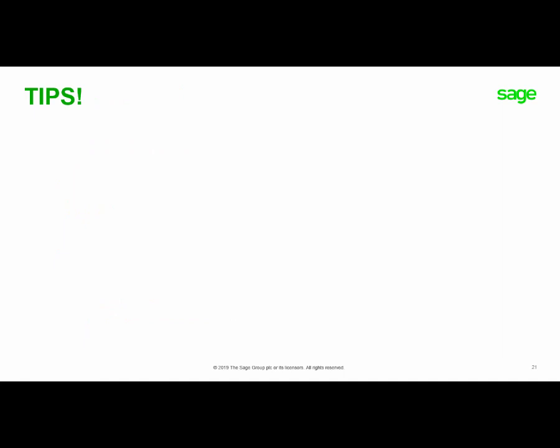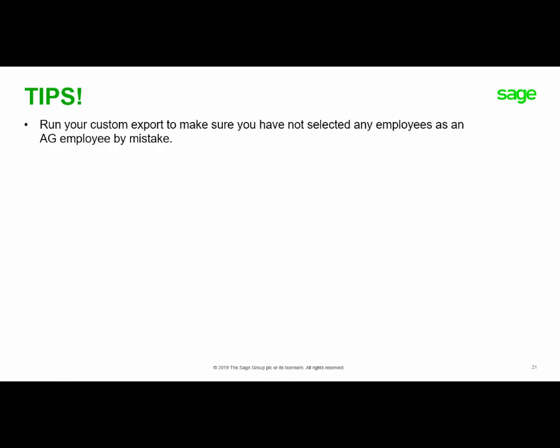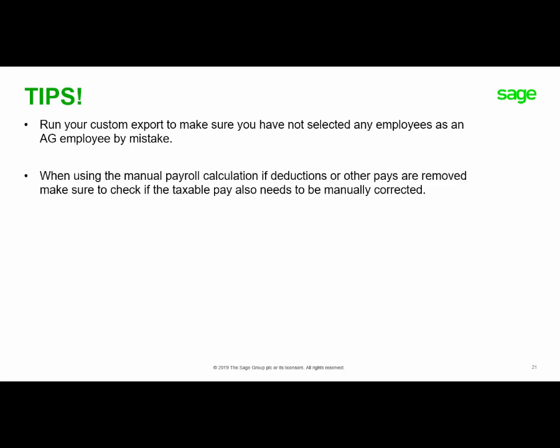Some future measures that you can take to ensure the numbers in your Sage BusinessWorks are correct. Create and run the custom export to make sure you have not selected any employees as an ag employee by mistake. It happens. When you're using the manual payroll calculation, if deductions or other pays are removed, make sure to check if the taxable pay also needs to be manually corrected.